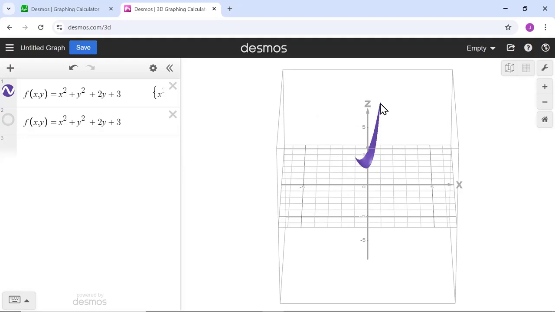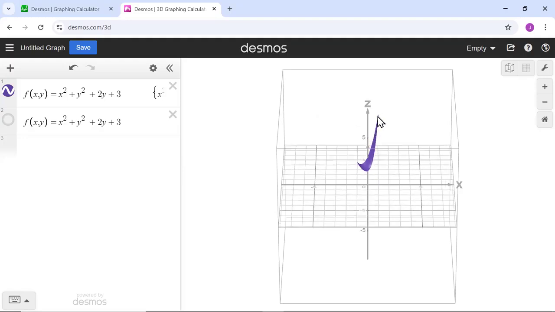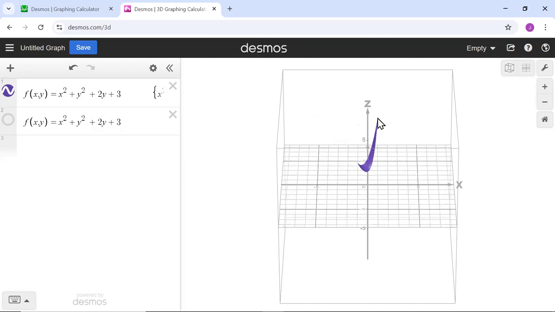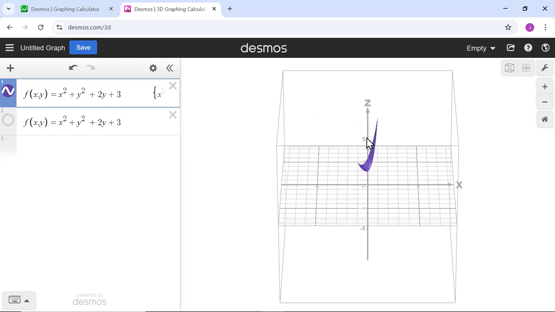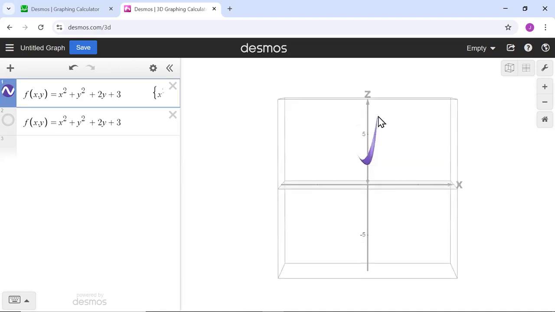Highest point is up here. That happened at 1, 1. We got a 7. So the highest point in that section was 7. That happened at the point 1, 1. And the lowest point happened at 0, negative 1.